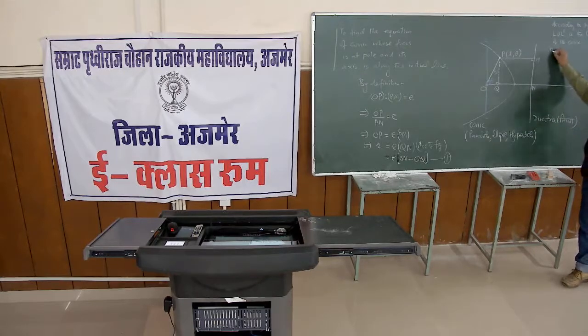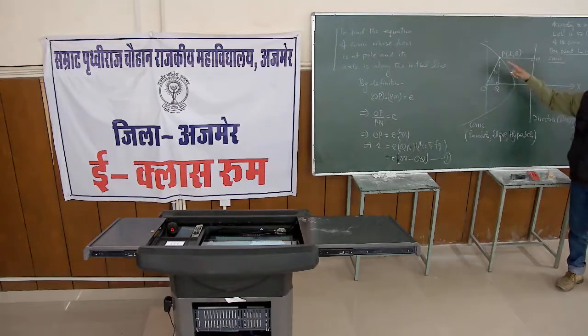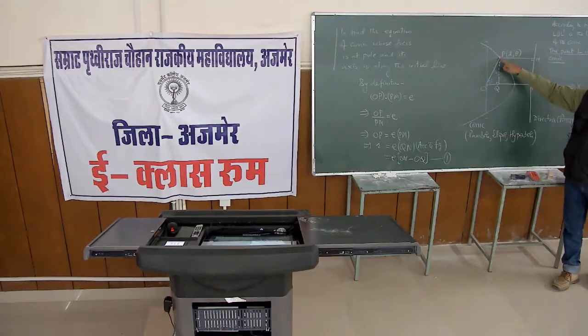The point L is on the conic. Where is P? On the conic. So by the definition of conic regarding P, OP upon PN is equal to E.